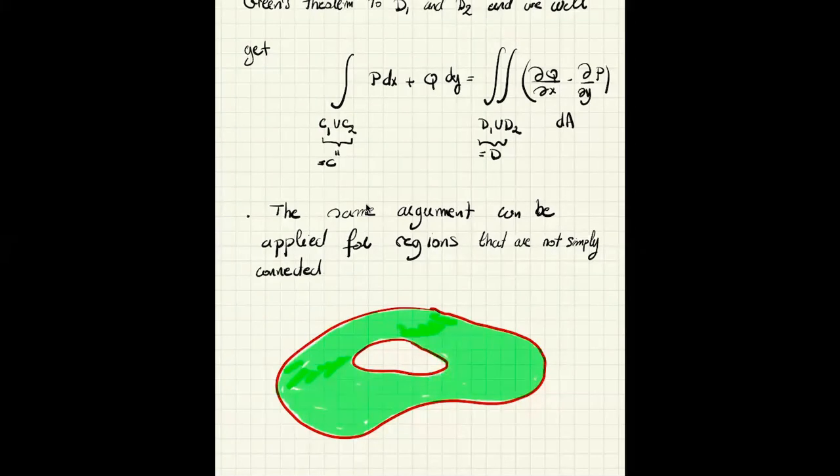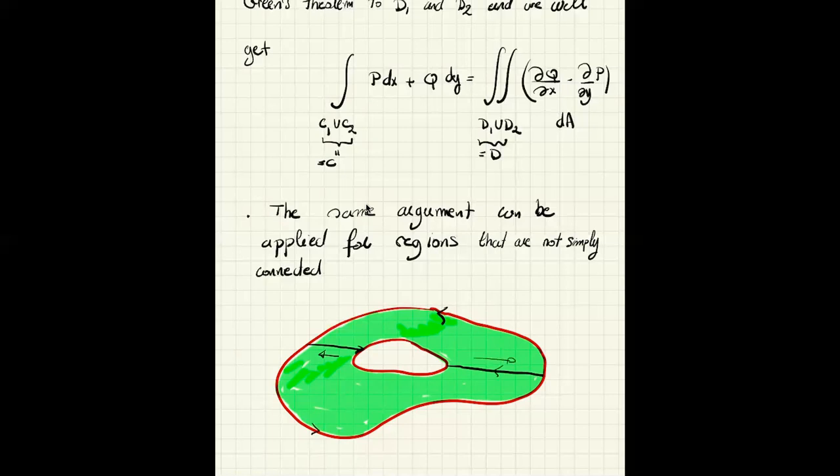So if you have this kind of region, what you can do is this trick here. Go here, go inside, go back. Then go here, go inside, and go back.